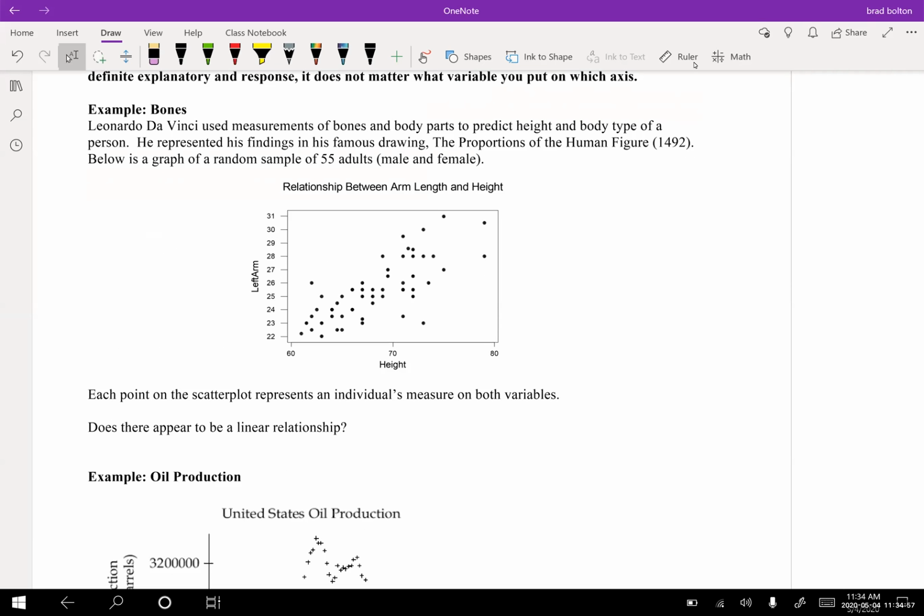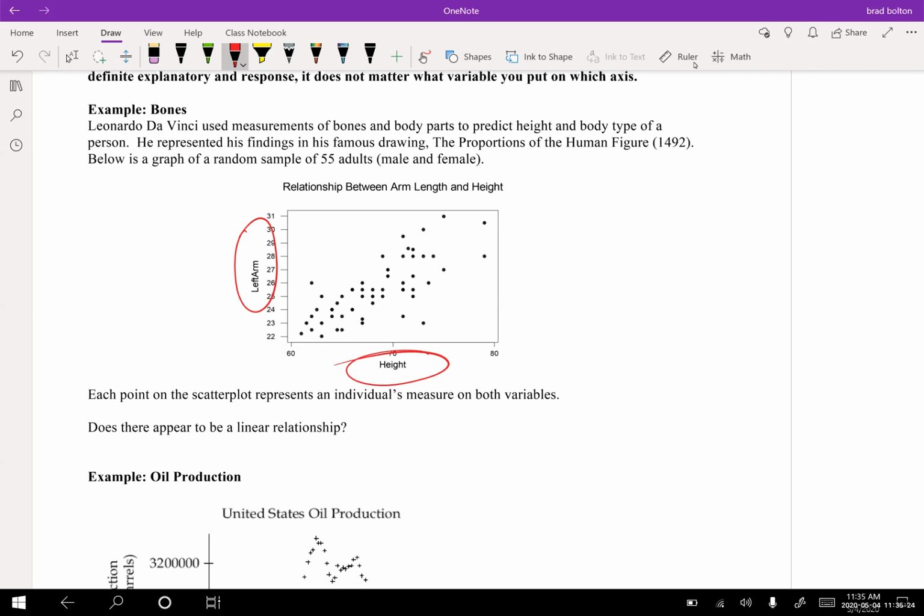So it says Leonardo da Vinci used measurements of bones and body parts to predict height and body types of a person. He represented his findings in his famous drawing, The Proportions of the Human Figure. I'm pretty sure that's the one you can look up, and it's got the guy with his arms spread out. So below is a graph of a random sample of 55 adults, male and female, okay? So if you look right here, we got the left arm and we have our height, okay?